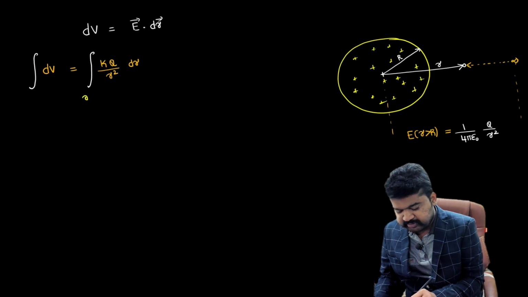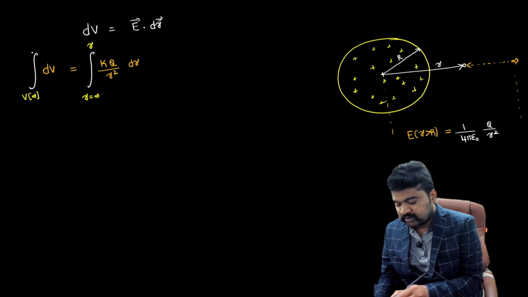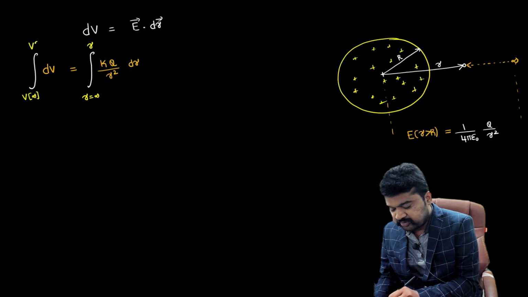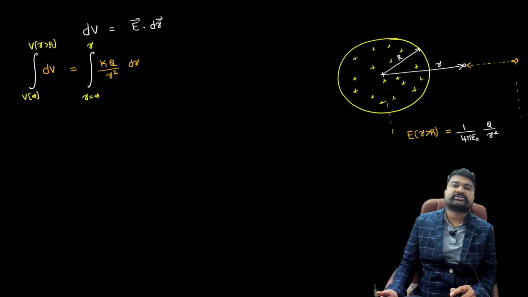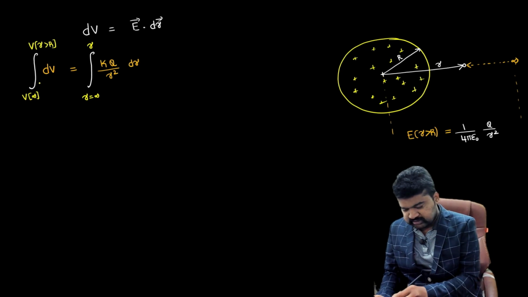At infinity, what is the potential? V of infinity. Up to r, that means V of r for r greater than R, we will get the electrostatic potential at a distance r. Here r is greater than R, so we can take these limits.